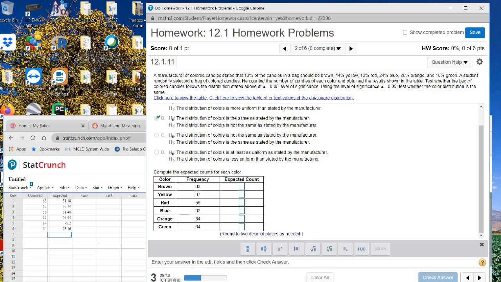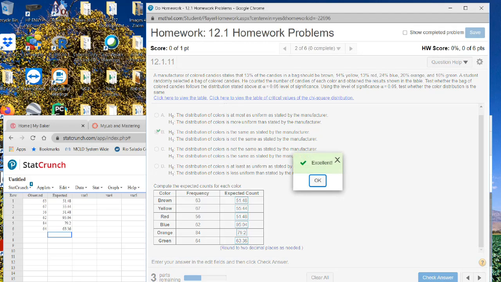It says to round to 2 decimal places, so I'm just going to type the numbers that I have written into StatCrunch because I already calculated these. 51.48, 55.44, 51.48, 95.04, 79.2, and 63.36. All right, so we see we did that correctly.